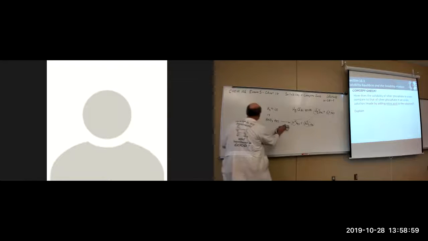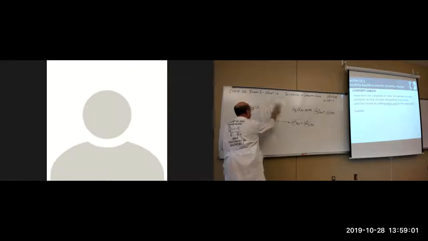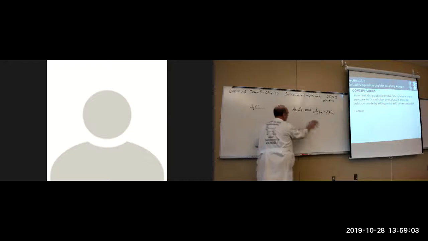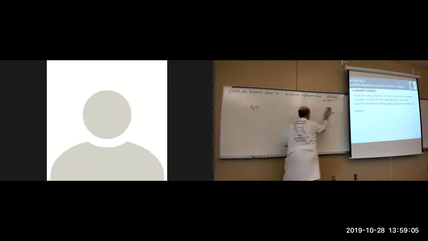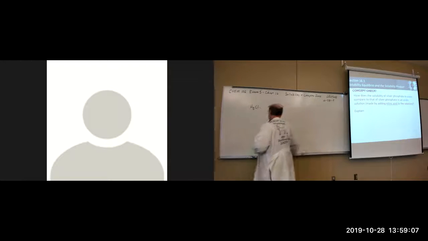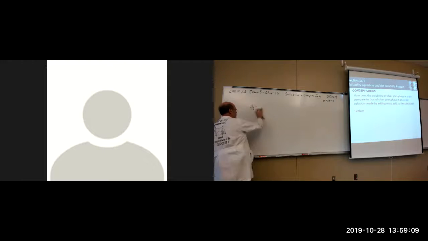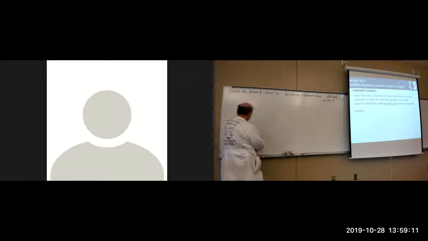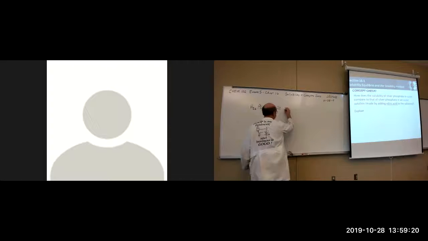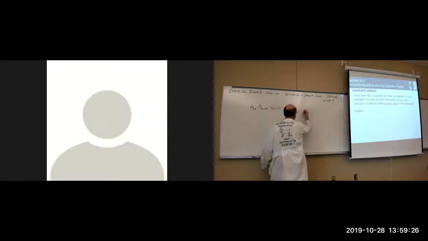Okay, except that now instead of silver chloride, we're going to do silver phosphate. Let's see. So we remember what silver phosphate is like. You have 3 of these, and this one, solid. Then we have an equilibrium expression with these. Okay, and this one.